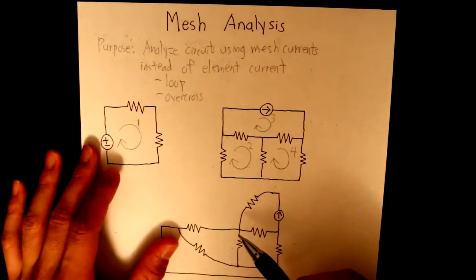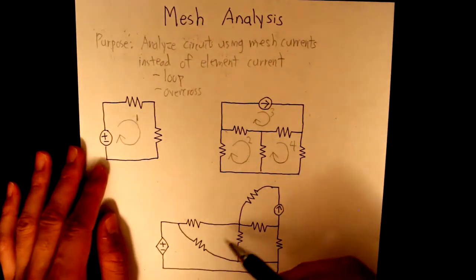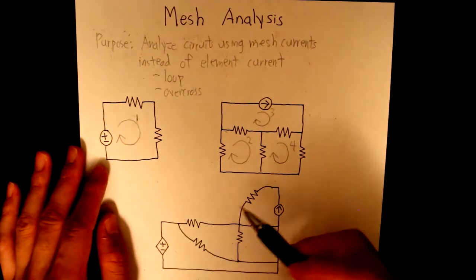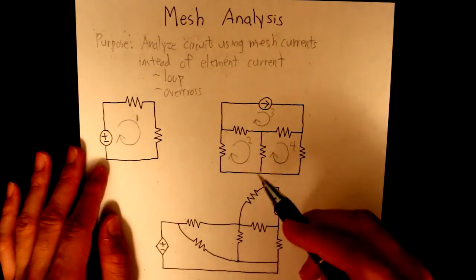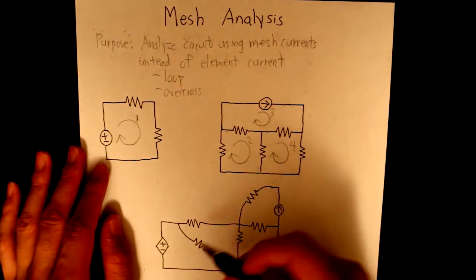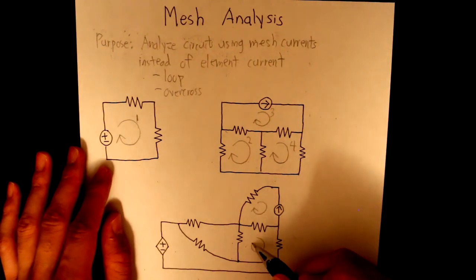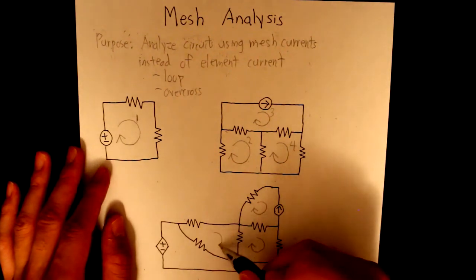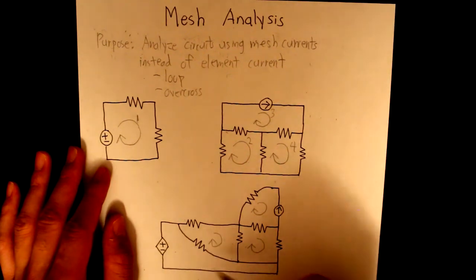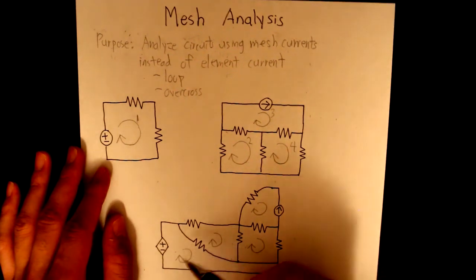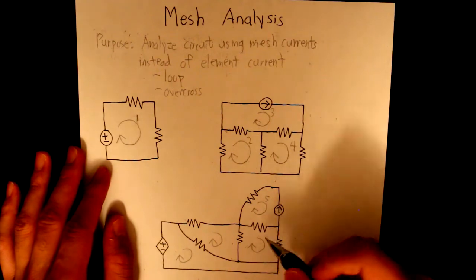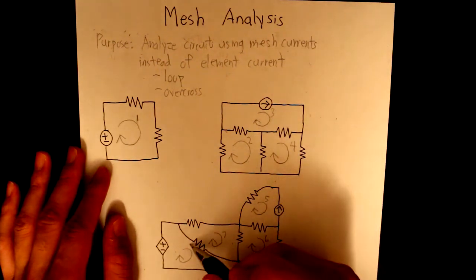And finally, we have this circuit, which looks pretty odd, but it still follows the laws of mesh analysis. So we'll draw one right here, one down here, one left from here, and another one oddly right here, and we will label that as 5, 6, 7, and 8.